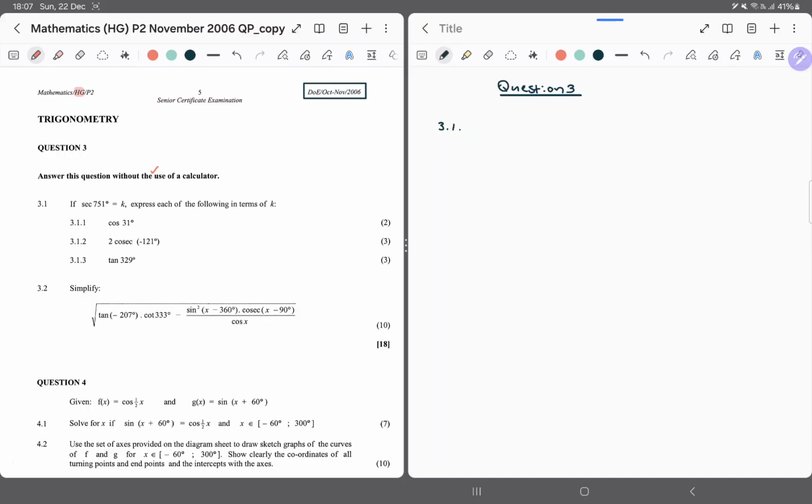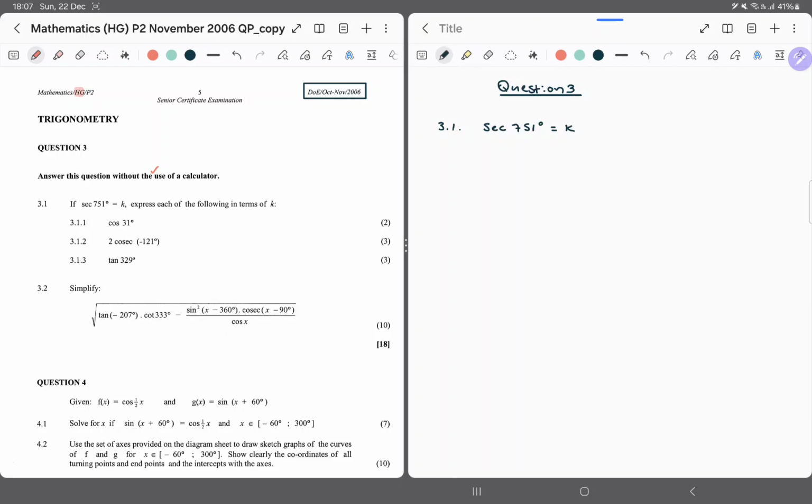Now 3.1 tells us that sec of 751 degrees is equal to k. Now remember, this is a big angle. There's 2 revolutions plus something extra.